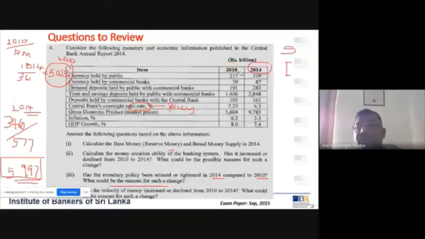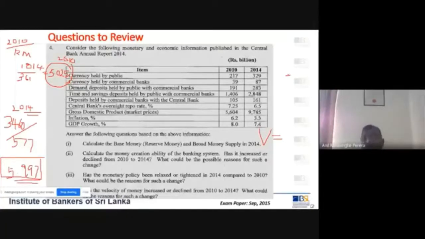What is velocity first? That is the speed of circulation of monetary unit. So when a particular monetary unit is injected into the economy, how many transactions are created by the particular monetary unit. That is simply velocity. In our discussions, we term it V as velocity.